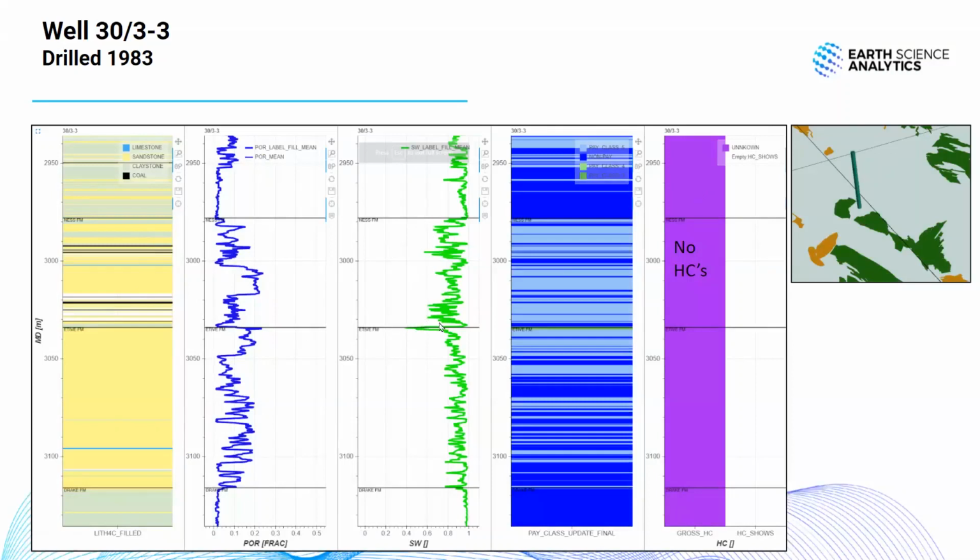What I'm interested in is in the Etive. Just at the top of the Etive here, we have a spike of low water saturation, which we're registering as pay here. And of course, that's interesting. A 1-2 meter interval is interesting. It can lead to a larger discovery, or potentially this is a migration pathway.